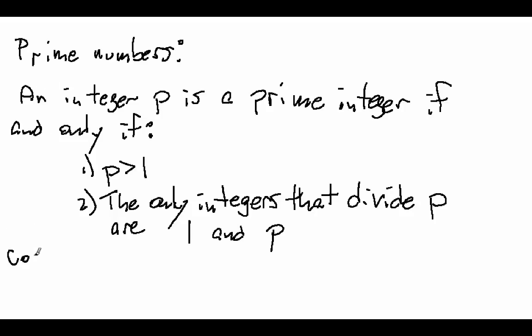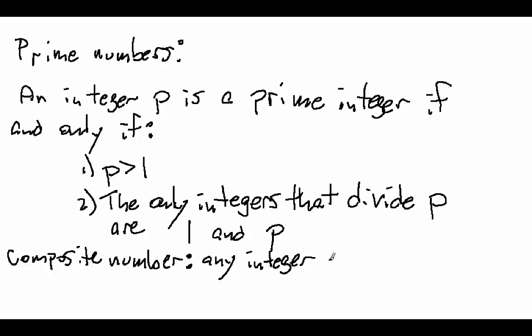A composite number would be any integer that isn't prime. So to give you some examples, 7 is a prime number.